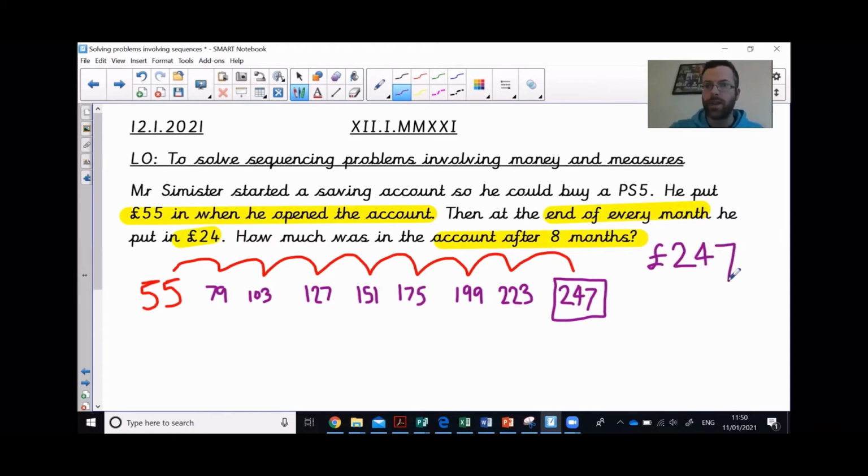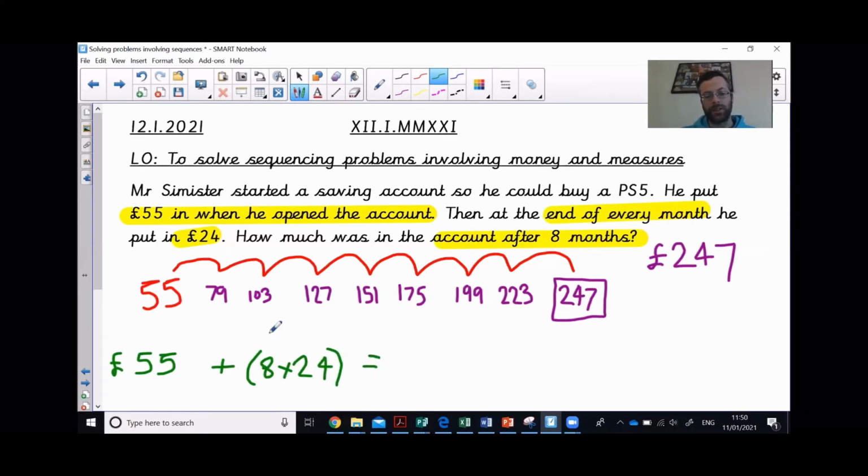Okay, now there is another way that we could have done this. We know that we're starting with £55. Let's go with a different colour. And as it says, I'm adding 8 lots of 24. So what I could do is 8 times 24, and then that will give me my answer.